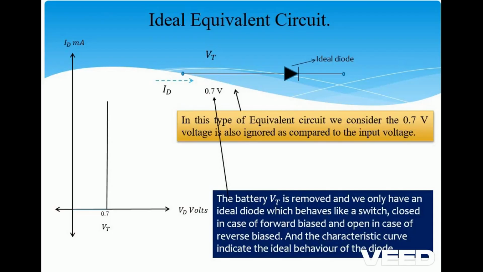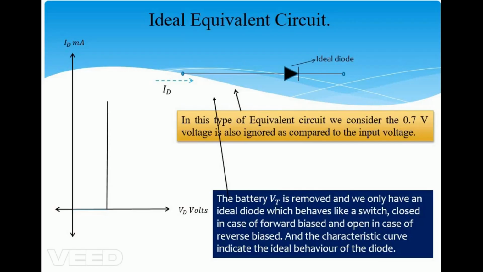This is called the ideal equivalent circuit. Here we have neglected the value of VT. Okay, fine, the input voltage is high enough that this knee voltage is negligible, so just remove the battery from the circuit, and the ideal condition is like this. We have an ideal diode which behaves like a switch. So if the input voltage is forward biasing the diode, it starts conducting and behaves like a closed switch.